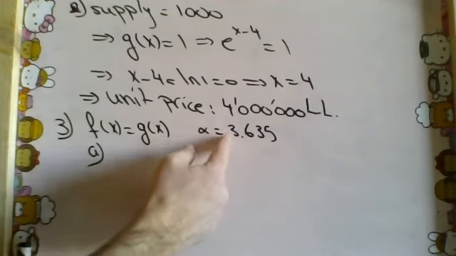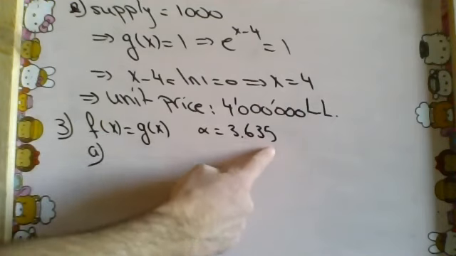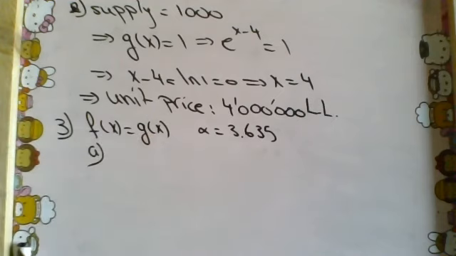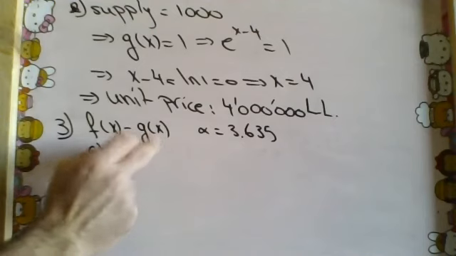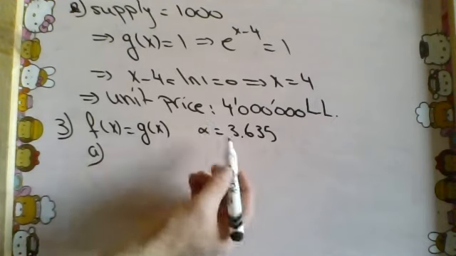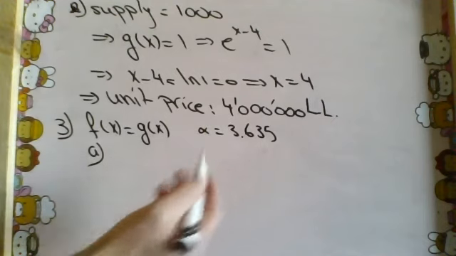So in fact here 3.635 is the value of x, but x is the price.